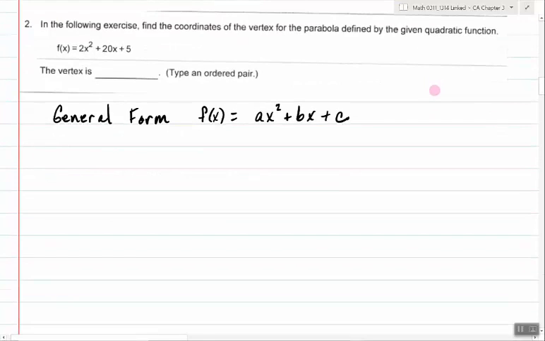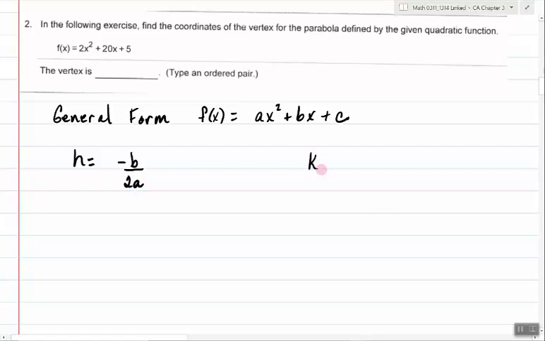Those are not given when you have general form. But there are two formulas, and these are in your formula packet. The h is very easy. The h, which is the x-coordinate of the vertex, is negative b over 2a.